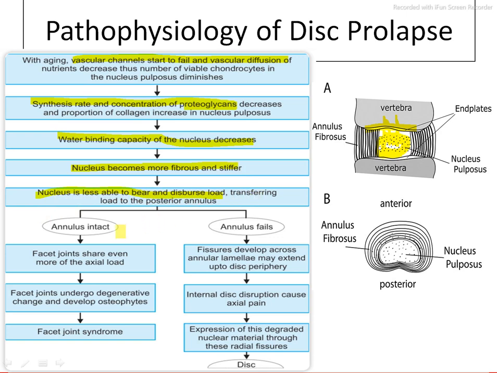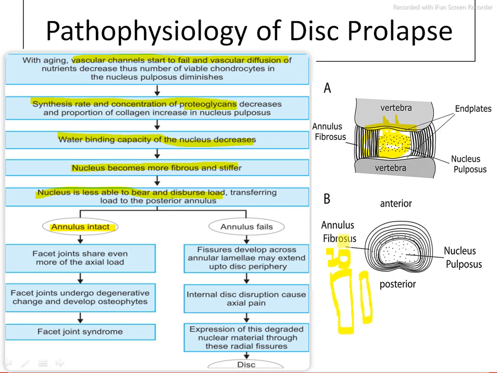So when there is disturbance in the normal biomechanics, suppose for the time being we say that the annulus is intact, then what happens? This is the anterior segment of the spine and this is the posterior segment of the spine. We know that 70% of the load is transmitted through the anterior segment and 30% through the posterior segment. So what happens when there is abnormal biomechanics?